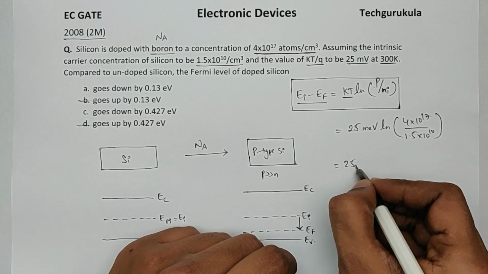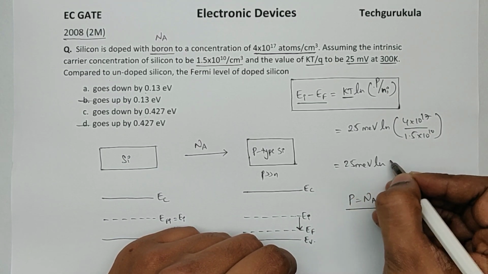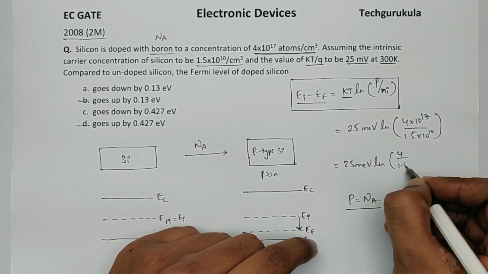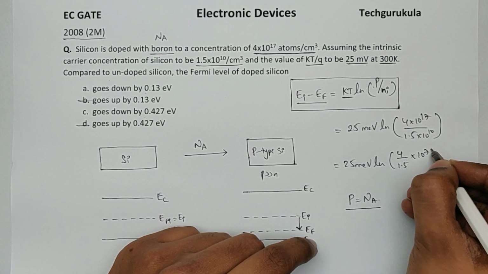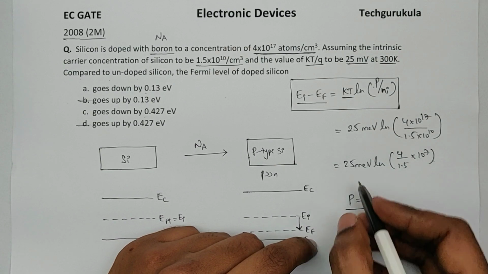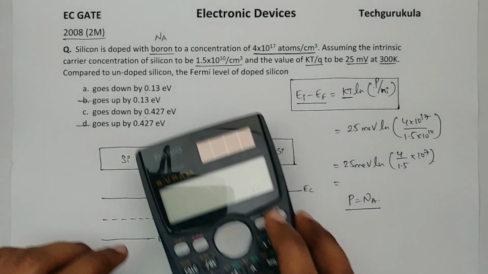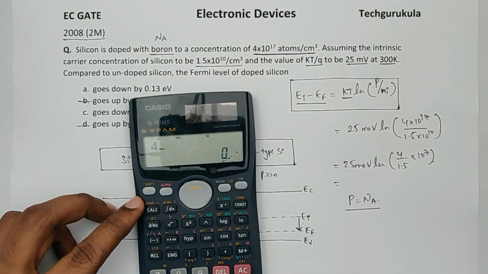Now if I write this, ln of 4 over 1.5 times 10 power 7. So let me find this value. It becomes 2.66 times 10 power 7.